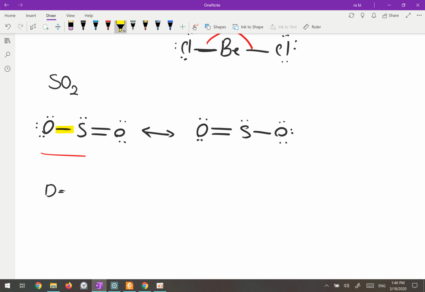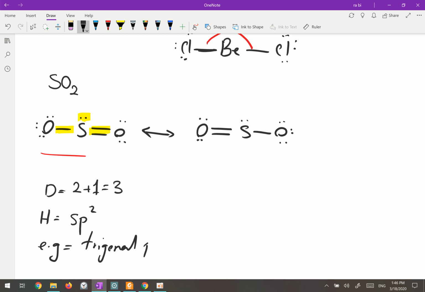We have 1 single bond here, 1 double bond here, and 1 lone pair here. So the total domain is 2 bonds plus 1 lone pair, which is 3. The hybridization would be sp2. For sp2 hybridization, the electronic geometry is trigonal planar.